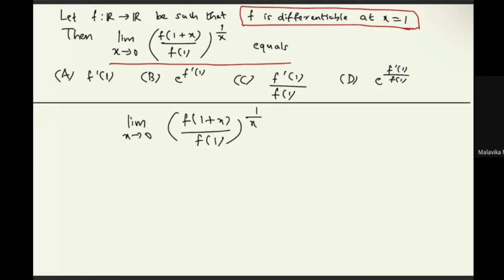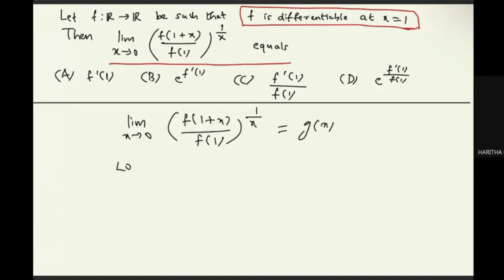So what should be the idea? How can we evaluate this limit? There is some power coming. So generally when powers come, what do you do? Take log, sir. Yes, there is a log method, right? So see, I'm calling this function, say, g of x.